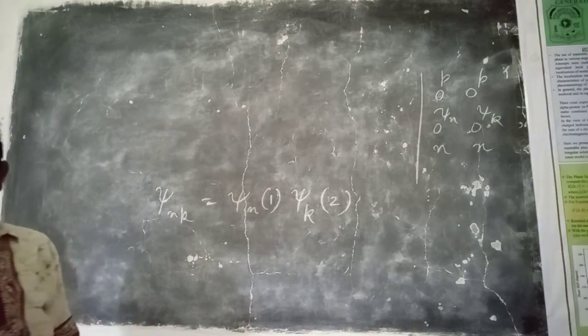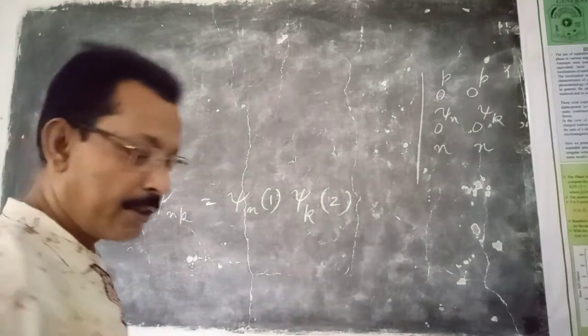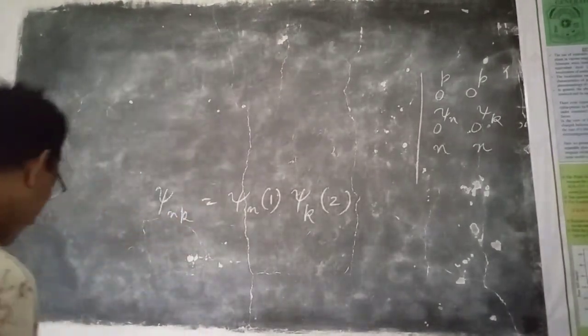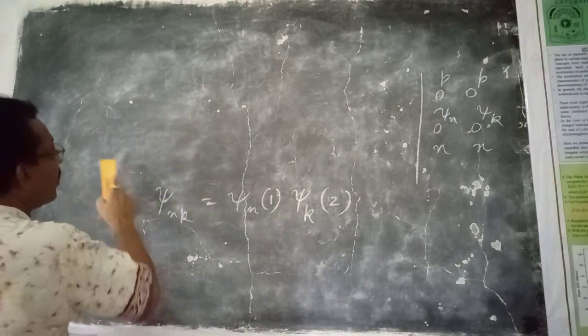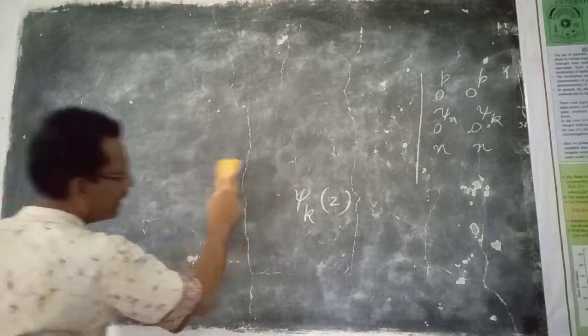So in such a case, what will be the actual wave function? To avoid this confusion, one may write the wave function either symmetric or antisymmetric.